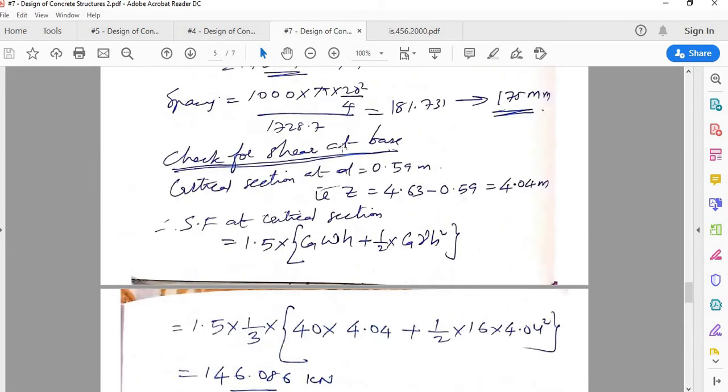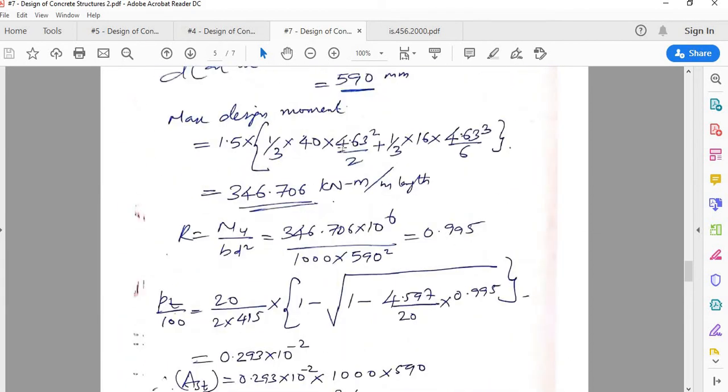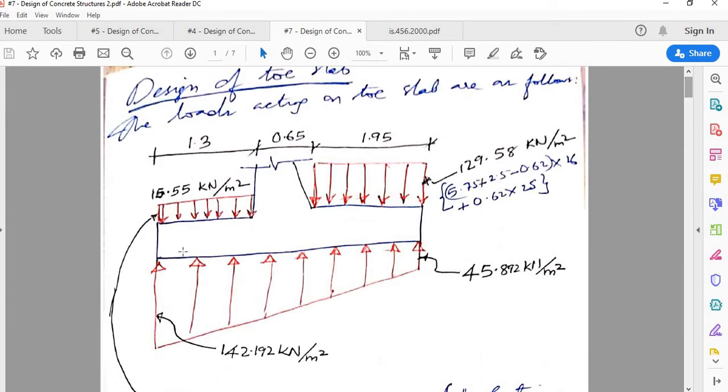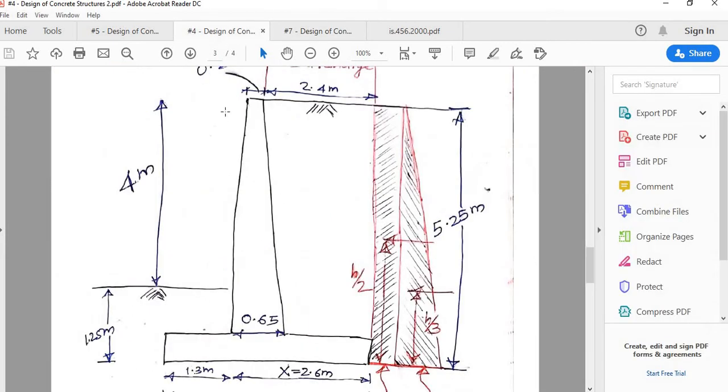So that is the design of stem portion. The toe and heel slabs were shorter in length in this particular problem, so we won't do the curtailment of bars. But the stem is very tall, right? The stem is 4 plus 1.25 minus 0.62.